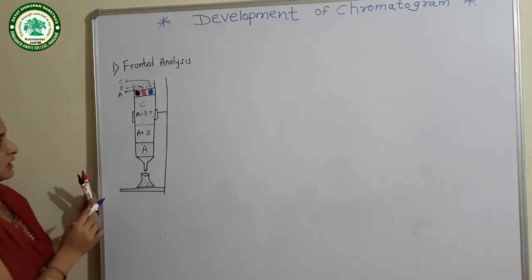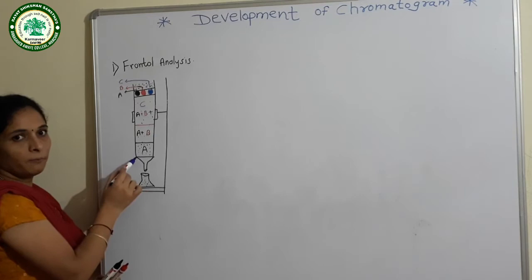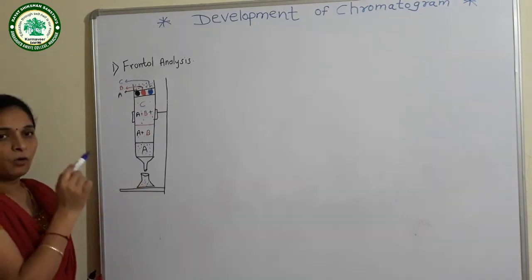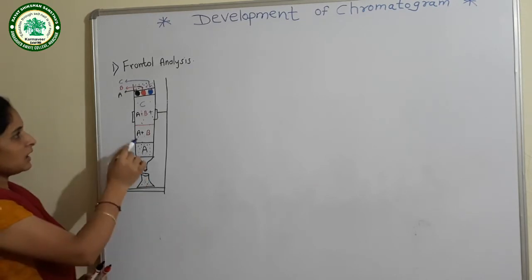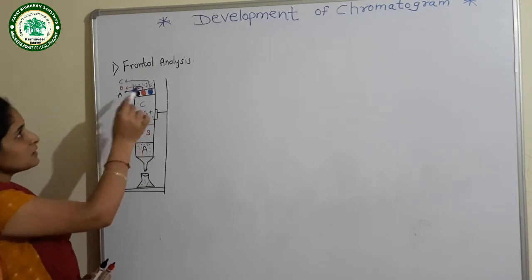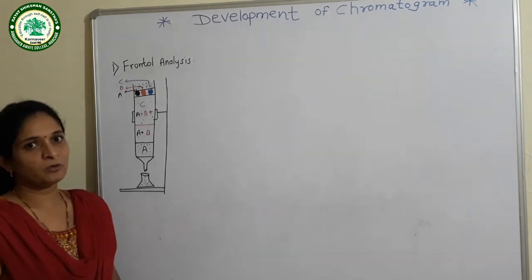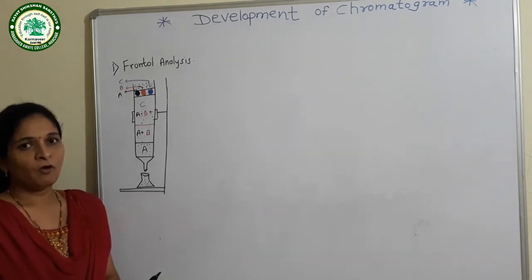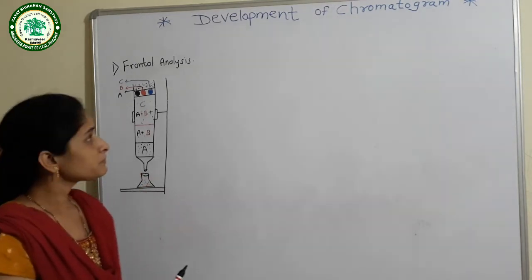This means in this frontal analysis only A component will be obtained in the pure form. We can separate only one component from the mixture. The other components are not perfectly separated in this frontal analysis. Therefore, this method is rarely used because only one component can be separated from this technique. It is a preparative technique.